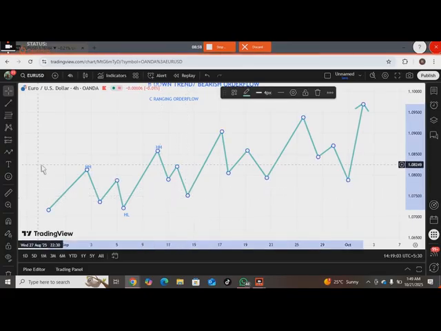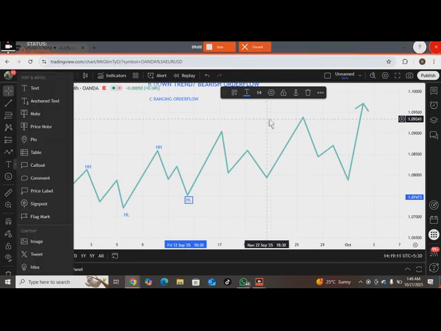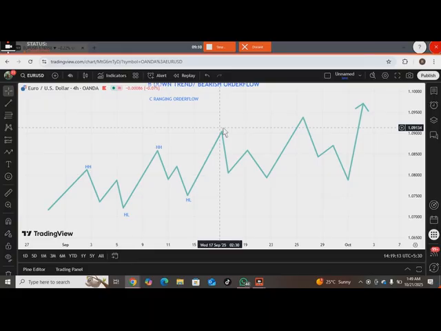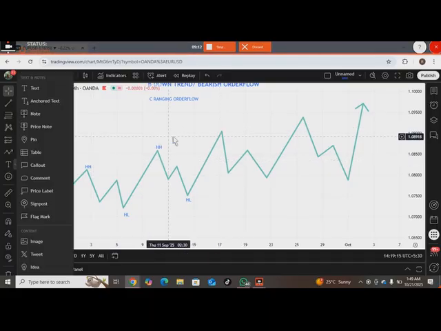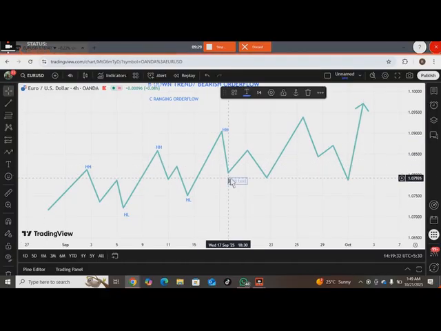This is a higher low. This is a higher low. This is a higher high. This is a higher high. And also this is a higher low.